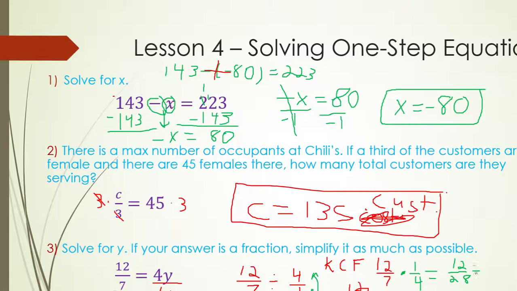Well, yeah, 4 does. So we're going to divide each number by 4. So 12 divided by 4 is 3. 28 divided by 4 is 7. So that would be our answer. Your answer for y is going to be 3 over 7.